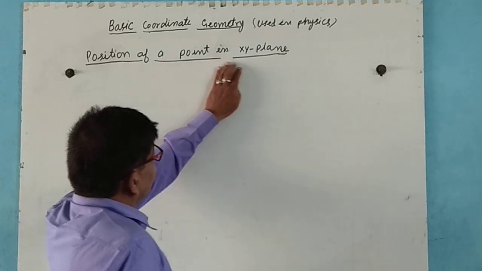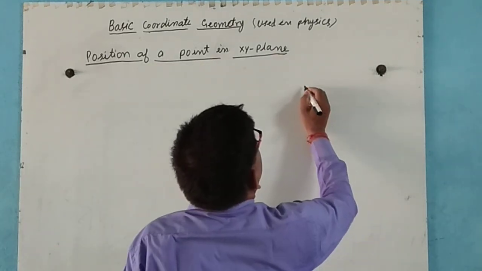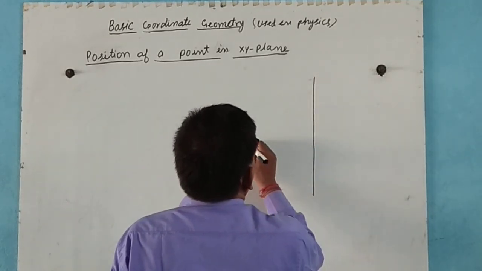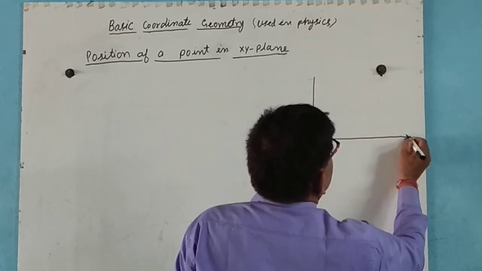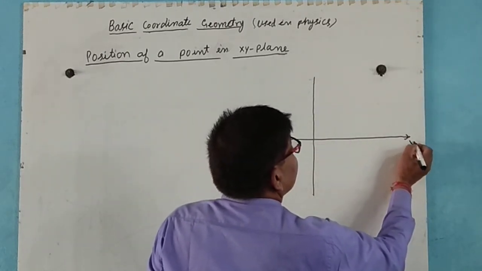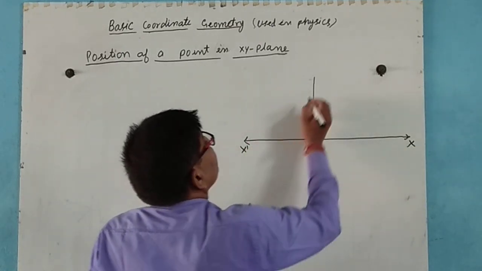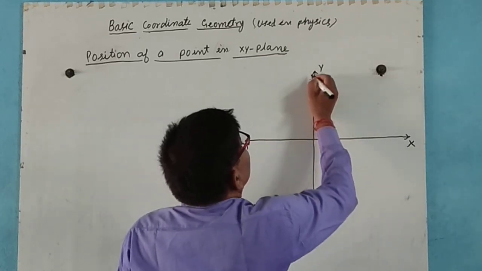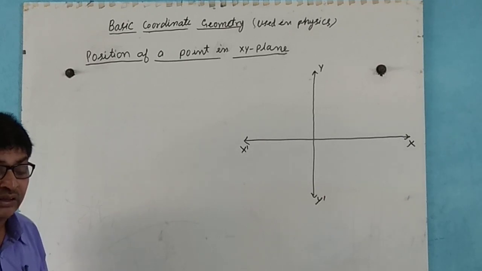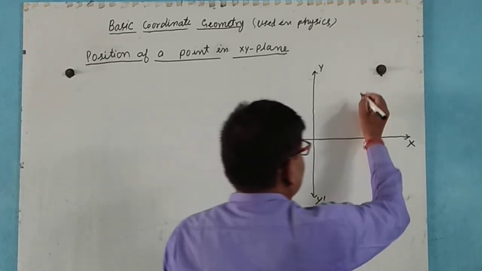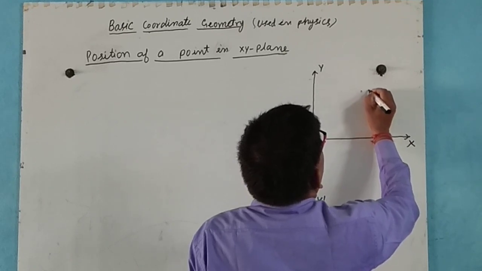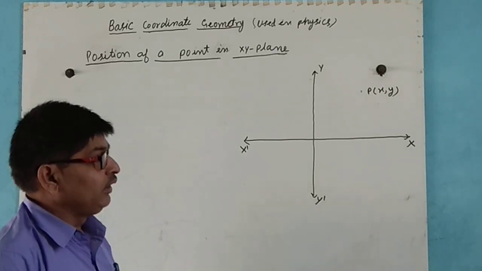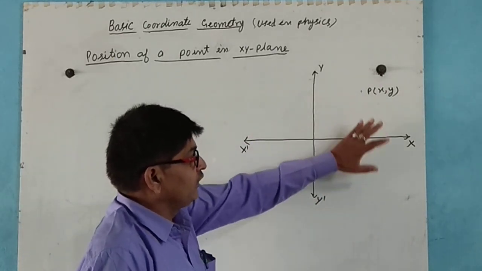Now, the position of a point in a plane. Let us suppose this is a plane, and this is x and x dash, this is y and y dash. Let P be a point with coordinates x and y in the xy plane.